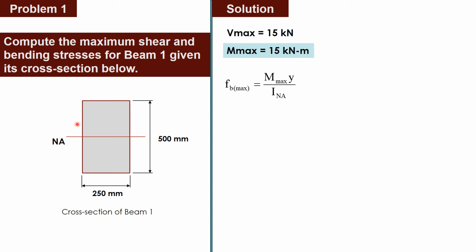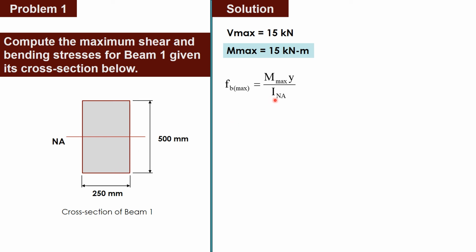So, for this rectangular section, it can be this fiber na ang distance nito ay 250 millimeters kasi kalahati ito 250 millimeters from NA, or it can be this fiber which is also 250 millimeters from the neutral axis. So, substitute mo lang yan.